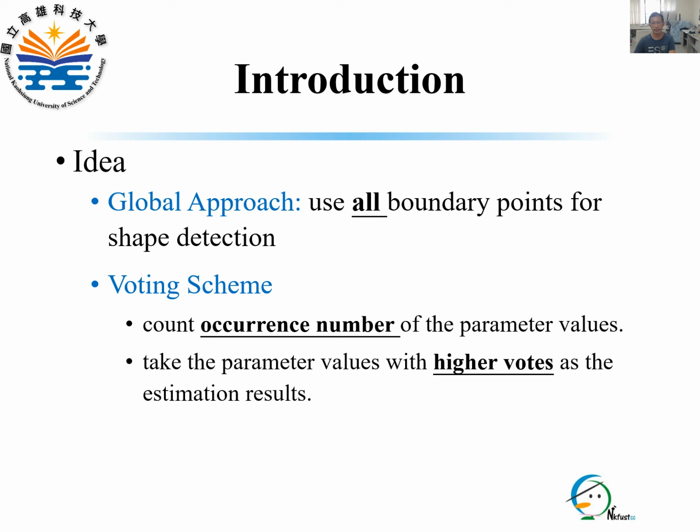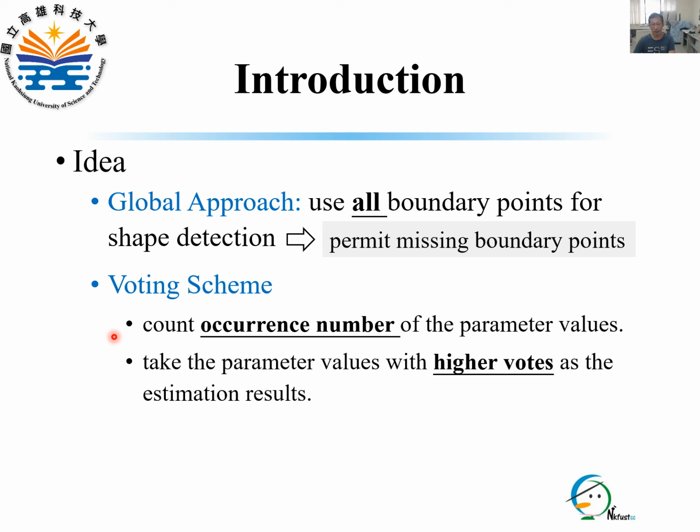How to address these three imperfections? Hough transform has the answer. Firstly, Hough transform is a global approach that uses all boundary points for shape detection. This permits misdetecting some boundary points. Then, Hough transform uses a voting scheme for estimating the shape parameters.